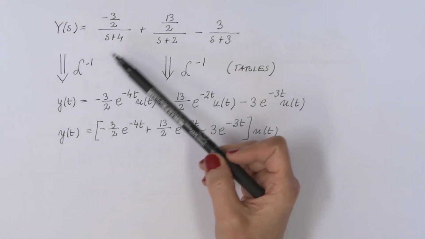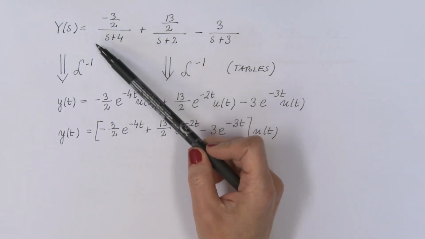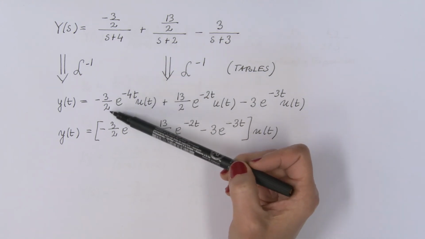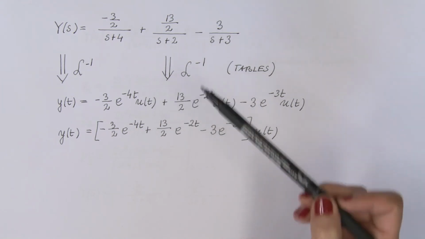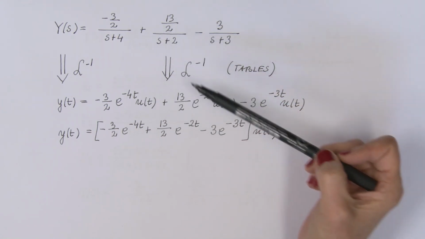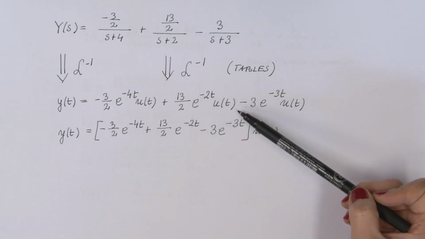Now, looking at the tables, the inverse Laplace transform of this first term is -3 times e to the -4t u of t. The inverse Laplace transform of this term will be 13 times e to the -2t u of t.